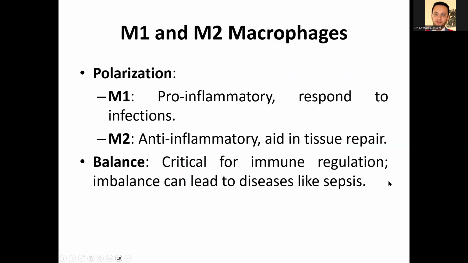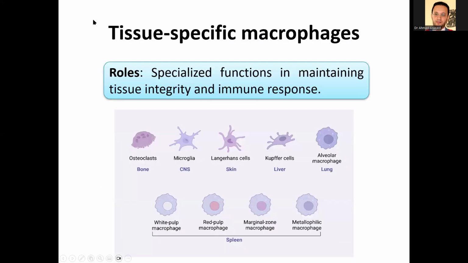It's critical for immune regulation to have a balance between M1 and M2, and imbalance can lead to disease like sepsis. So persons affected with sepsis, it's bacteremia with complications, can be due to imbalance between M1 and M2.